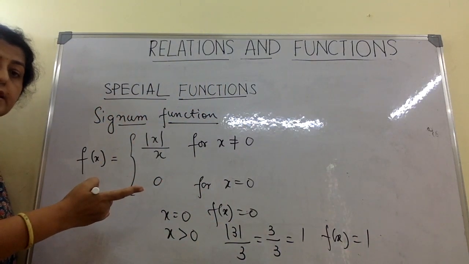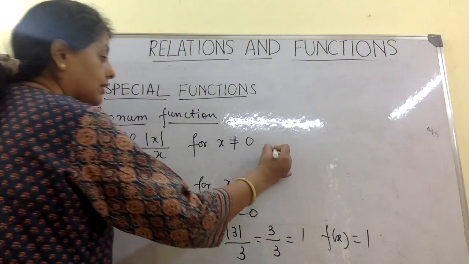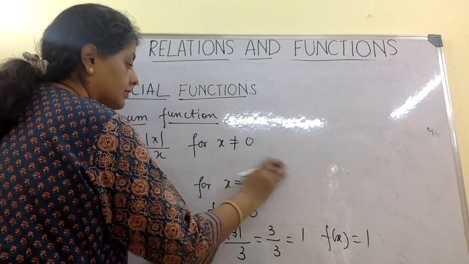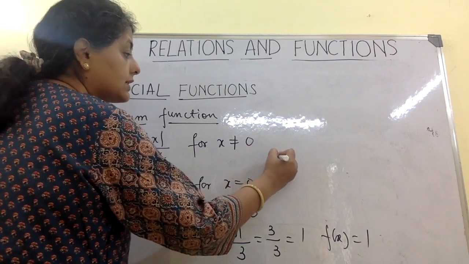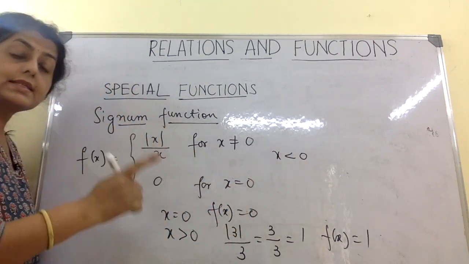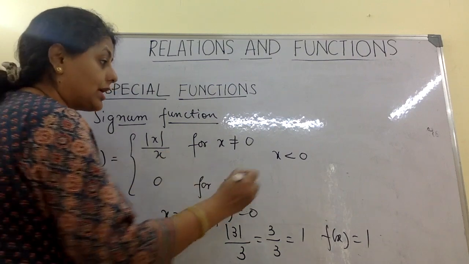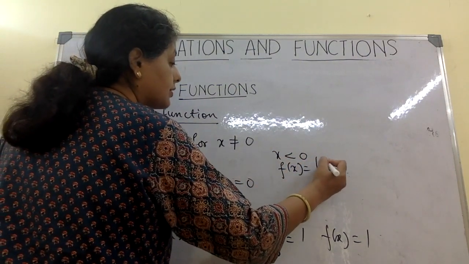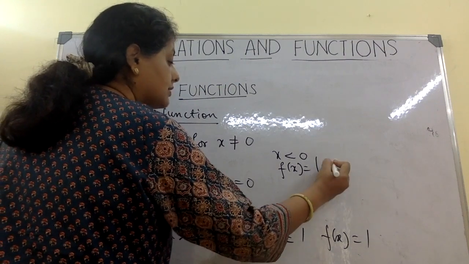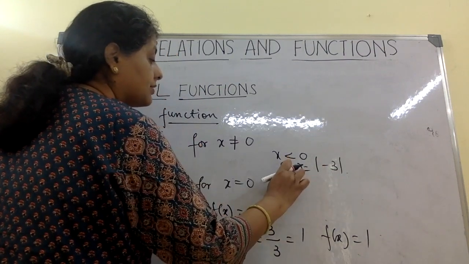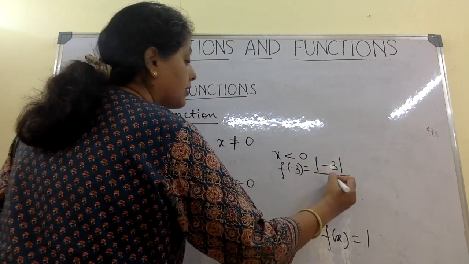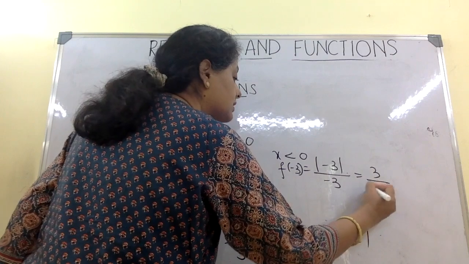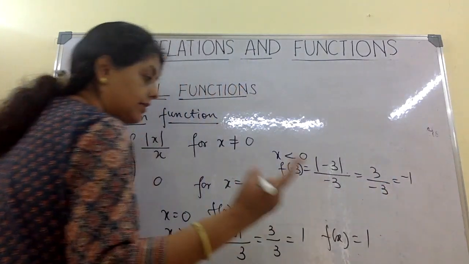Now if x is less than 0, means x is a negative value, see what happens. Let me take minus 3: f(minus 3) is mod minus 3 by minus 3. The mod comes out as 3, divided by minus 3, I get minus 1.